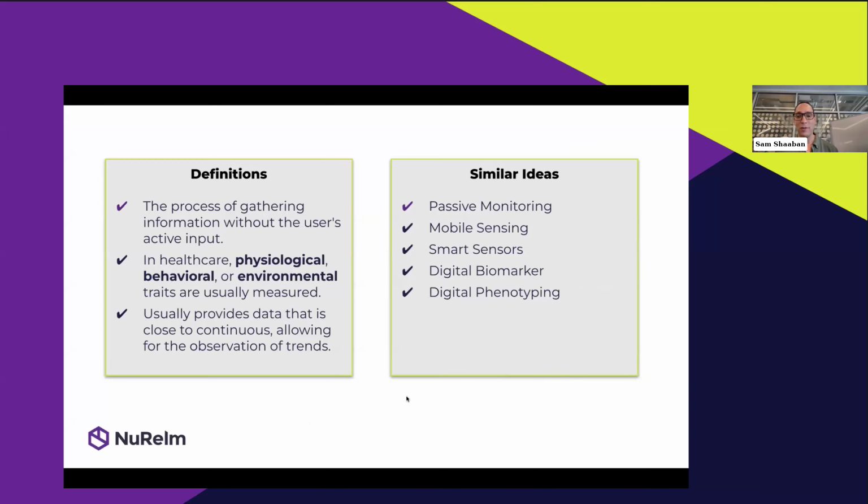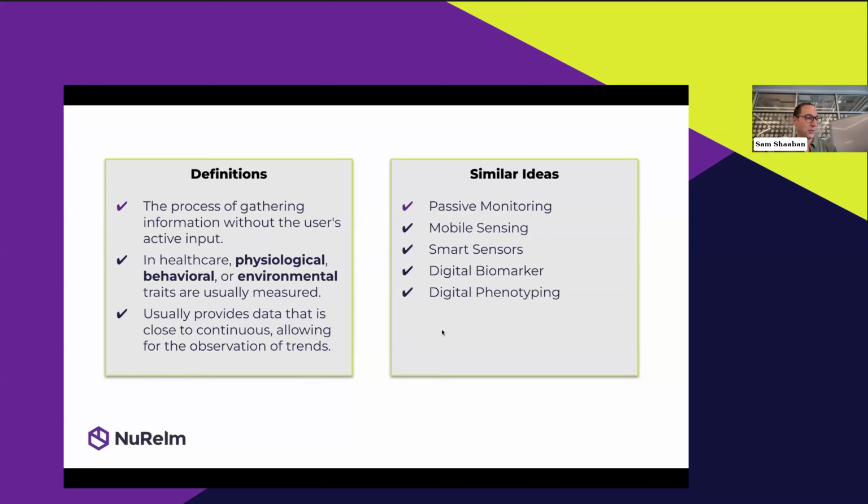I won't spend too much time on the box on the right. I just wanted to let you know that there are a lot of terms and concepts that are the same or similar: passive sensing, passive monitoring, mobile sensing, smart sensors. The last two items are maybe a little bit different, digital biomarkers and digital phenotyping, even though they're often based on passive sensing. We'll talk a little bit about those shortly.